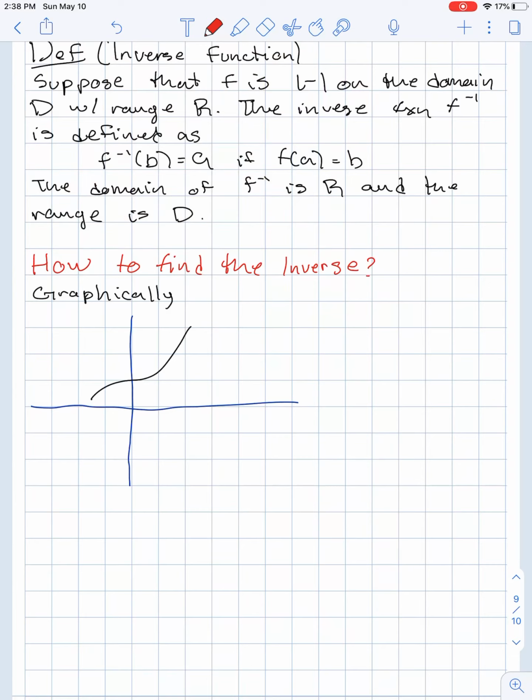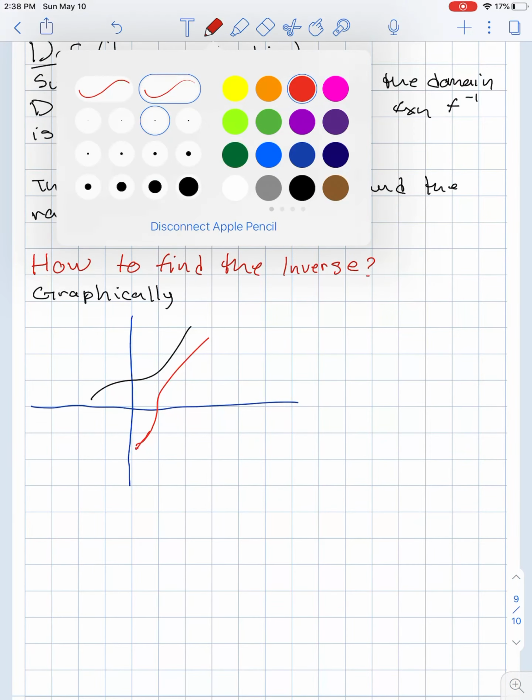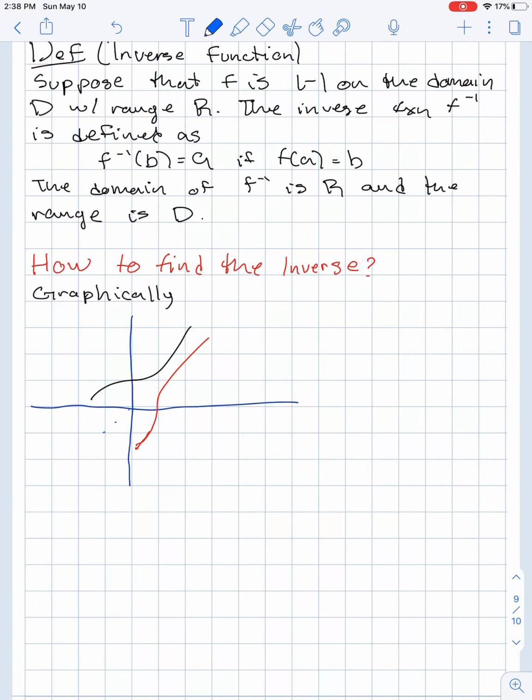And then its inverse is going to, let's see if I can do this right. Something like that.